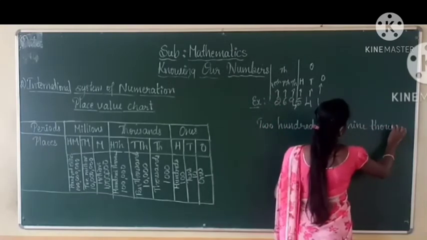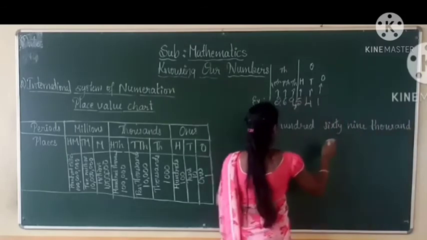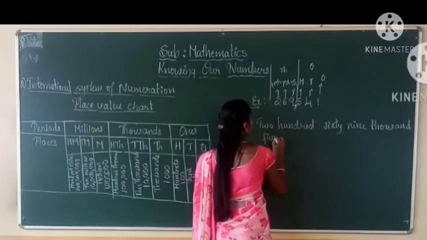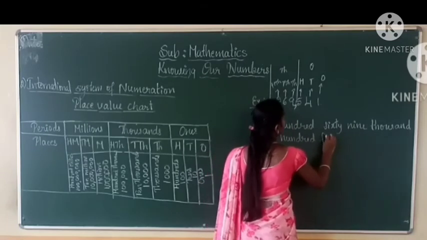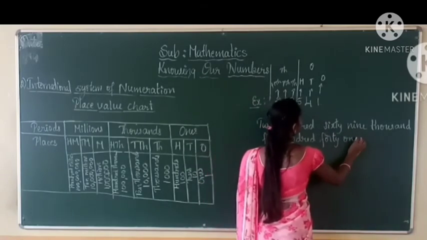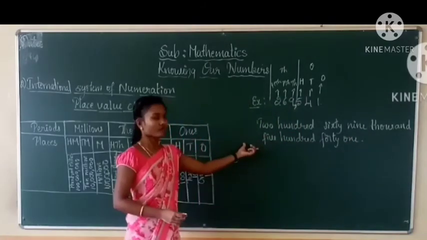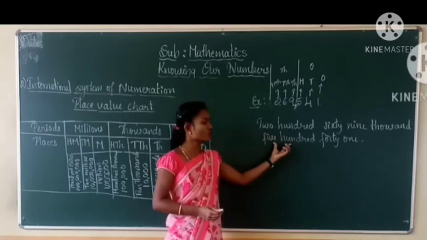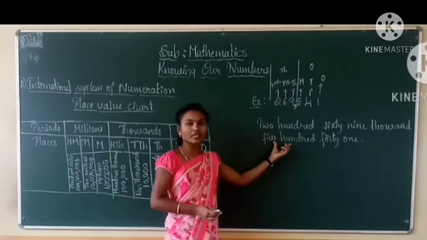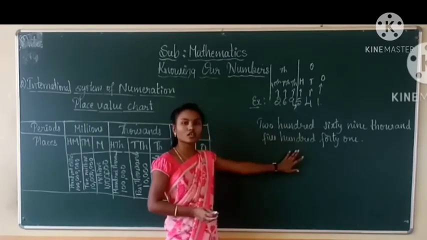We can write this number in names like this. While writing the number names, you should not use the comma.